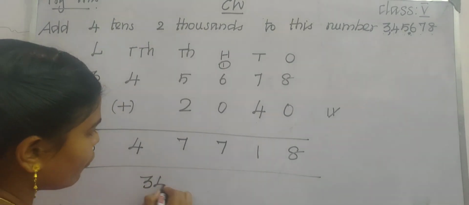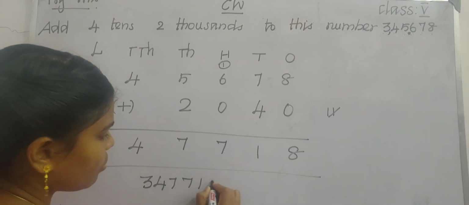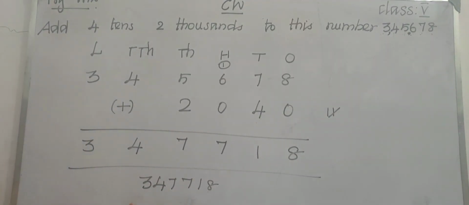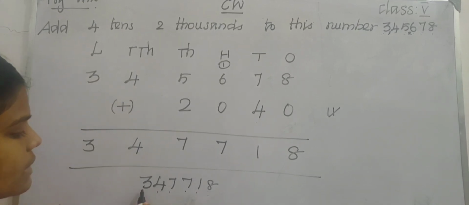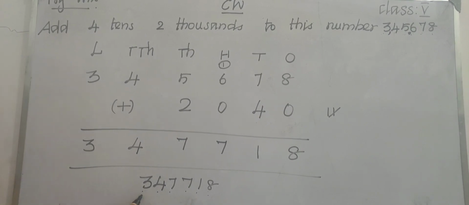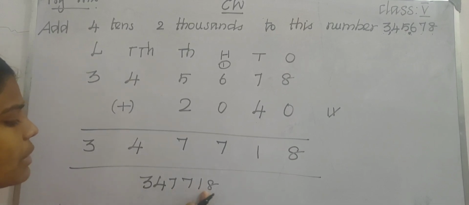So 347718. So how will you read this number? First of all, it's ones, tens, hundreds, thousands, 10,000s, lakh. So 3,47,718. Okay, children. So you can write in the number name also.